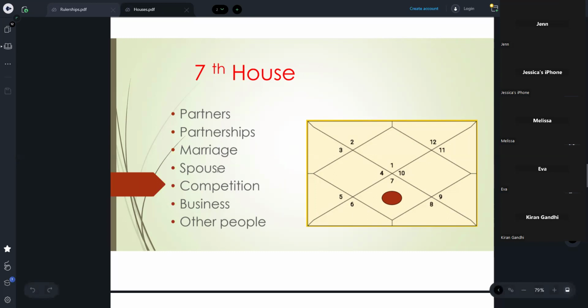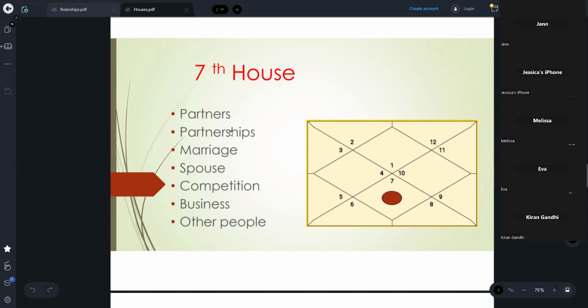Business, spouse. So someone comes to you and asks, I want to know about my partner. I want to know about the person I'm going to marry. If that becomes the case, you're going to go straight to their seventh house because this is the house of their spouse. This is the house of their marriage.